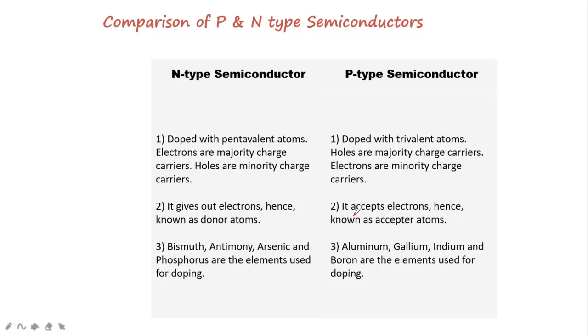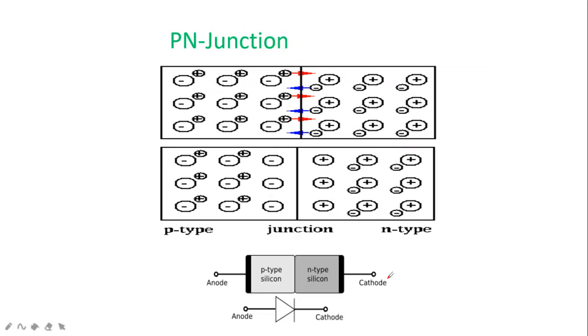P-type accepts electrons, hence known as acceptor atoms. Third, examples: bismuth, antimony, arsenic and phosphorus are the elements used for doping intrinsic semiconductors to make n-type semiconductors. To make p-type semiconductors, aluminium, gallium, indium and boron are doped. So this is the basic comparison of p and n-type semiconductors.